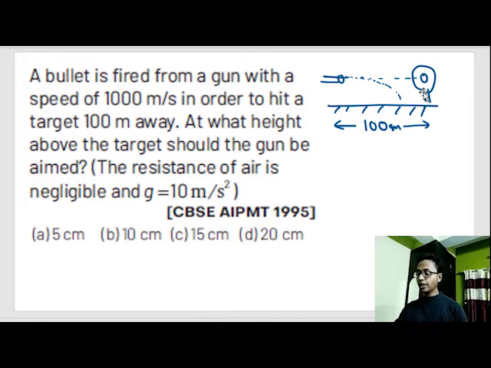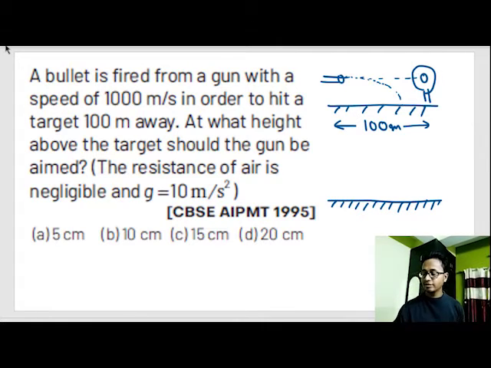So what we usually do is, in sniper movies you have seen that they usually aim a little bit higher than the bullseye, which is usually called zeroing in. They zero in the scope. So they aim the gun a little bit higher.